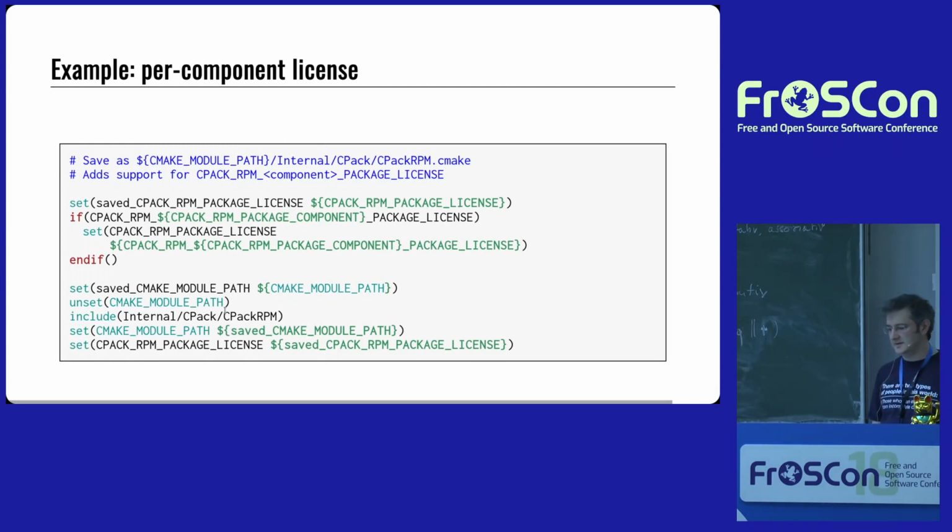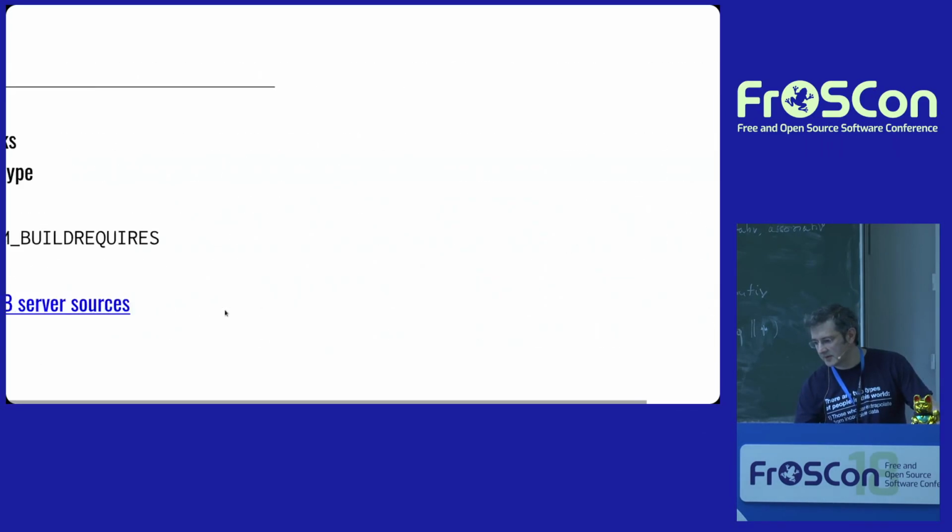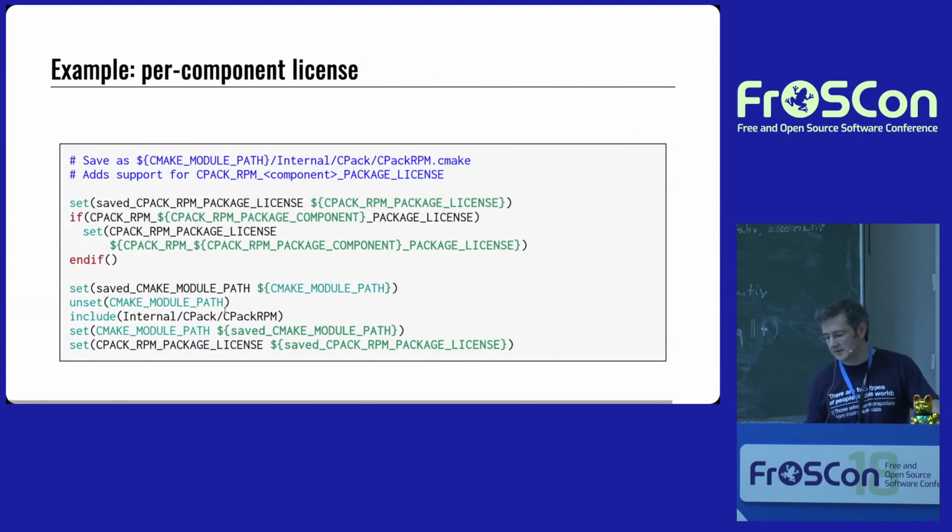So this was this and that one. It's all the extensions we have. We never needed anything else, and it allows us to use CPack RPM, and it fits all our not very simple packaging requirements. That was enough.